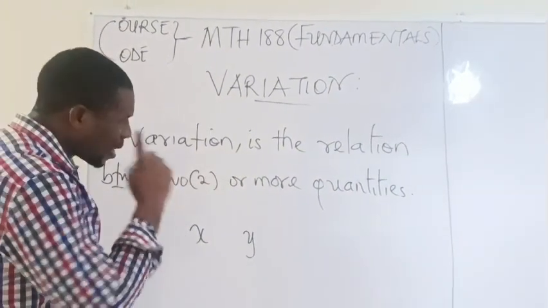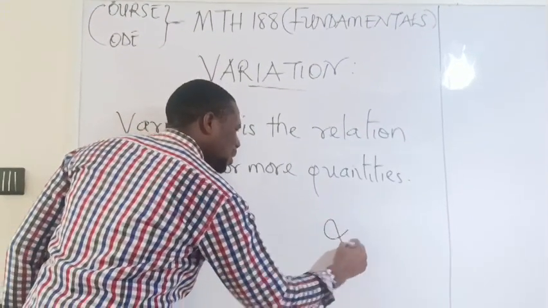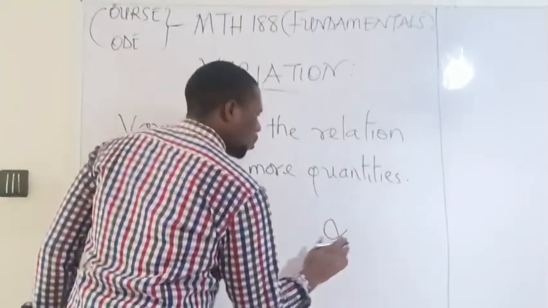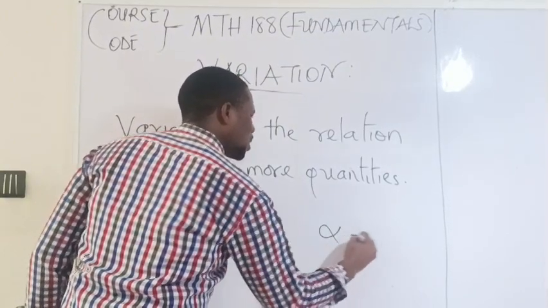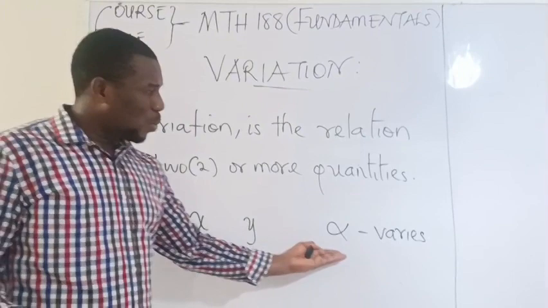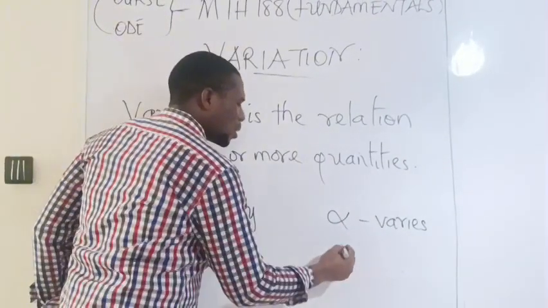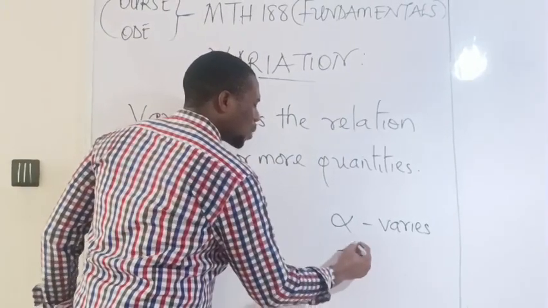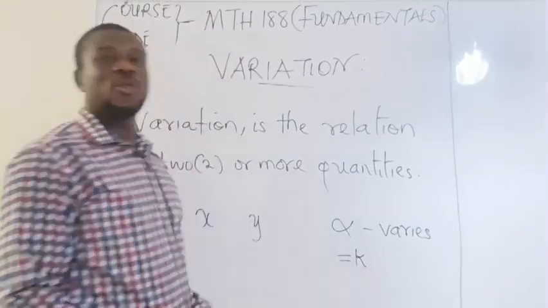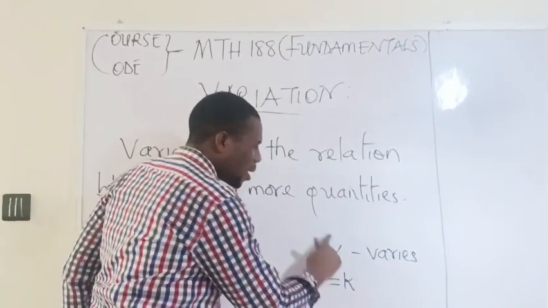And that relation is often denoted by this symbol, which stands for varies. To replace this, I could stick in an equal to sign with a constant of proportionality.